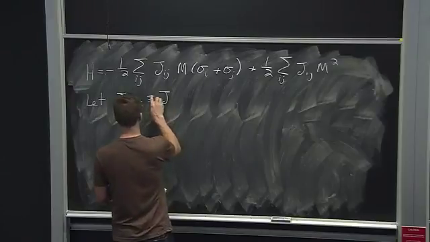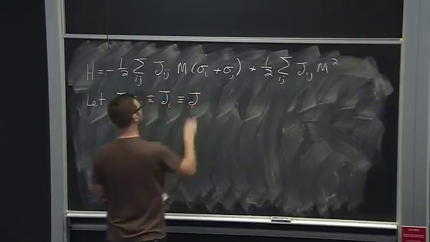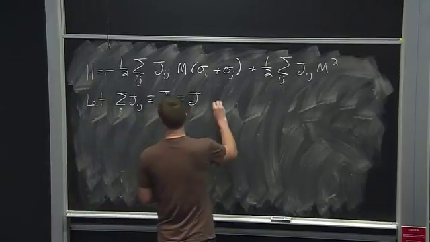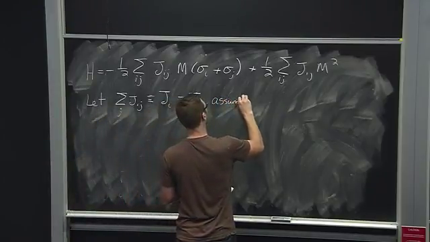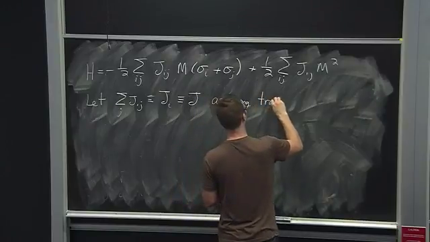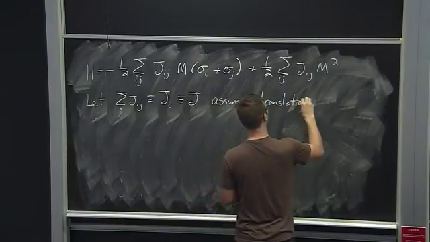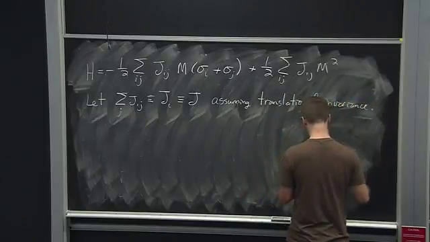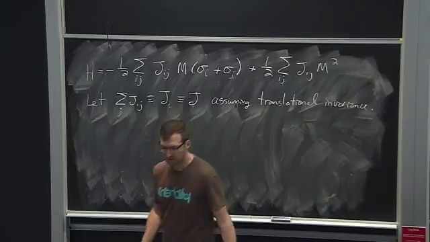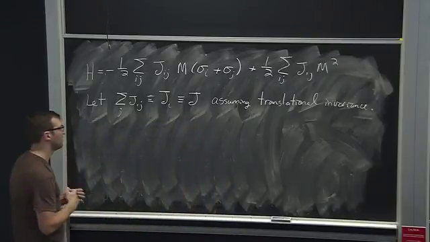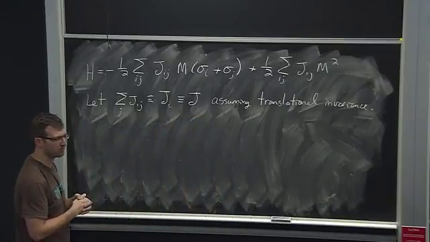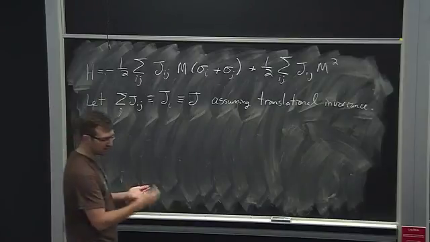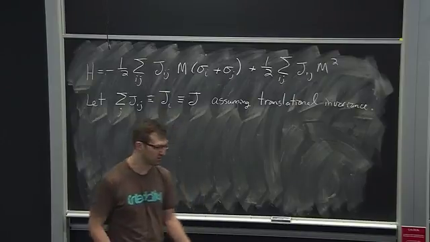I guess I could call it J_i, which I'm just going to call J. Assuming translational invariance. You also have to assume that J is probably local or something like that, or finite. You know, it's nearest neighbor or something like that.